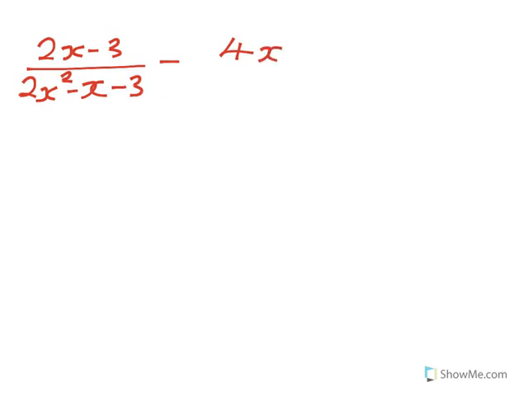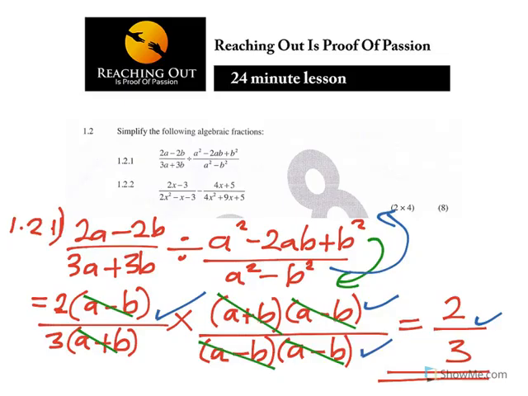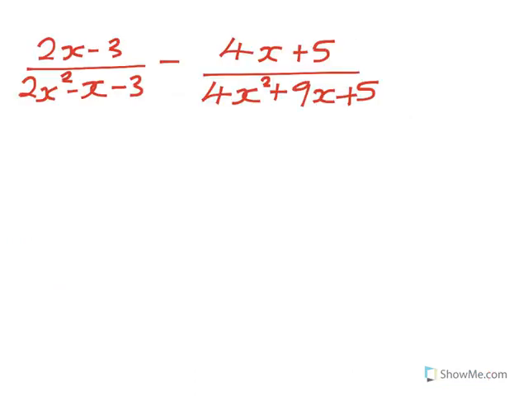What they gave us there is (2x minus 3) over (2x squared minus x minus 3), minus (4x plus 5) over (4x squared plus 9x plus 5). Check whether I wrote it correctly. Now you are subtracting these two fractions.